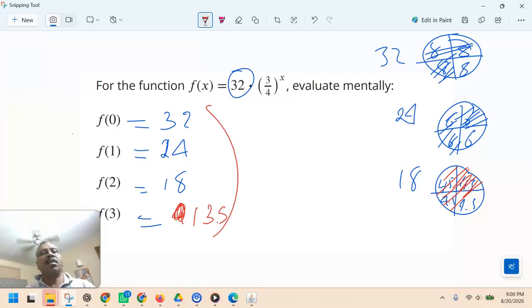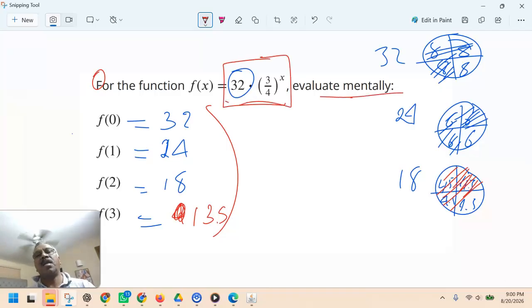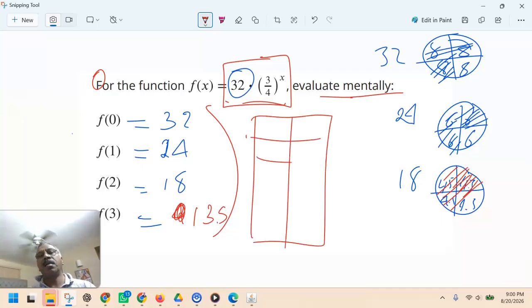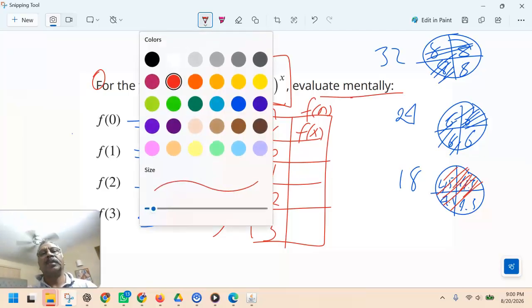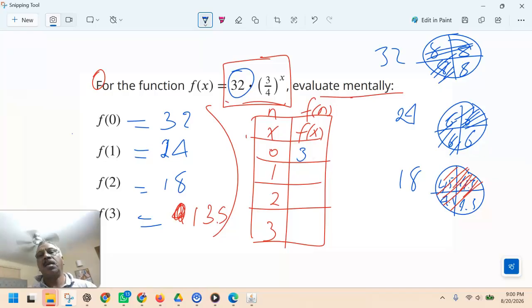So the synthesis of this is, can students understand mentally that you can know this on the table? If you want to make a table, in the beginning we used n and f of n, right? Now I can use x and f of x. So when x is 0, 1, 2, and 3, in the beginning it is 32, and you multiply by 3/4, so you get 24.